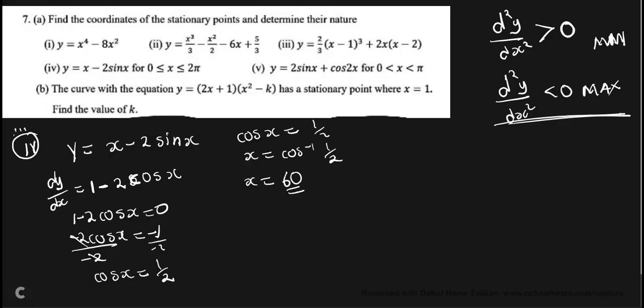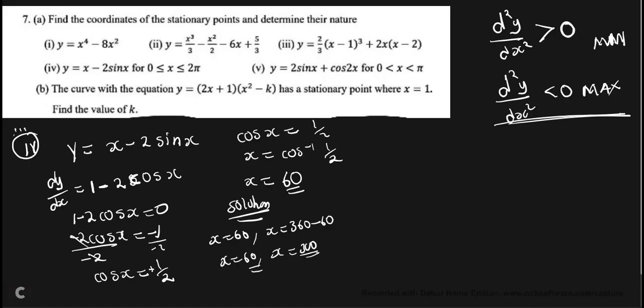Since we're having some quadrants, and remember that cos was positive here, we go to the point where cos is also positive. So the solutions are x equals 60, and the other one is x equals 360 minus 60, the point where cos is positive in the fourth quadrant, meaning x is equal to 300.